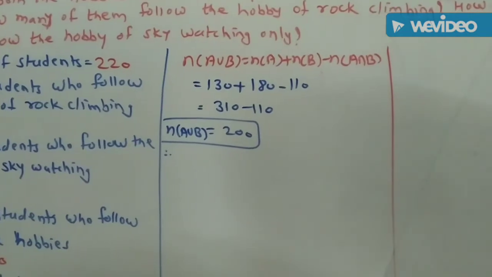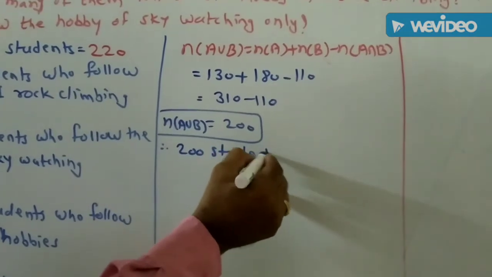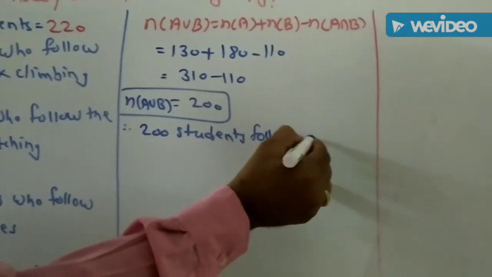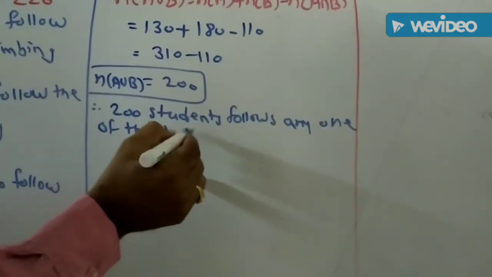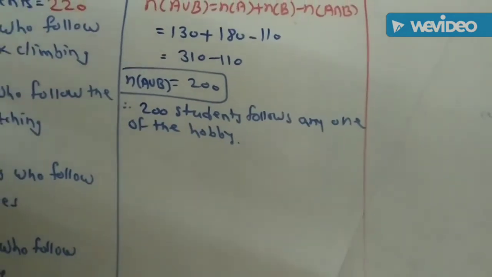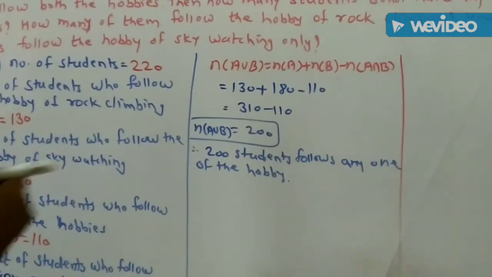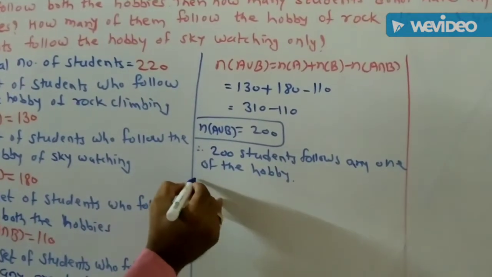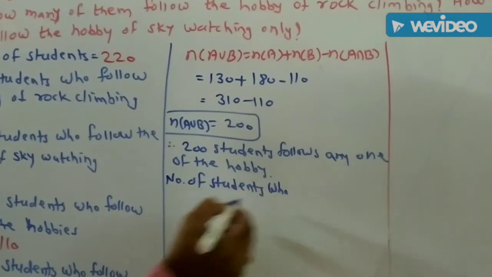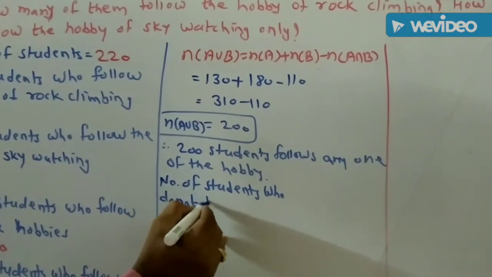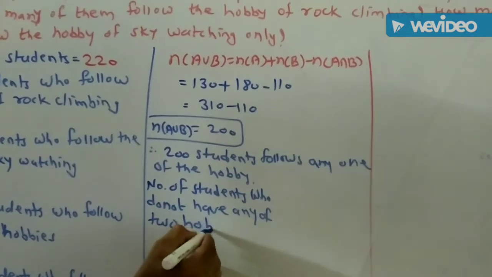That means 200 students follow any one of the hobbies. But we have to find the number of students who do not have any of the two hobbies.